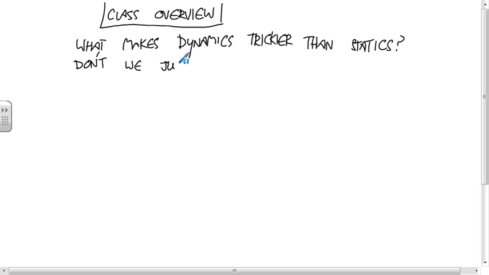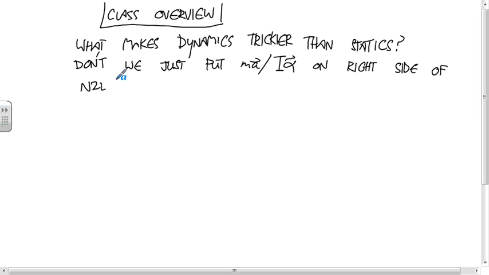Don't we just put a MA or a I alpha on the right side of Newton's second law and rotational Newton's second law?